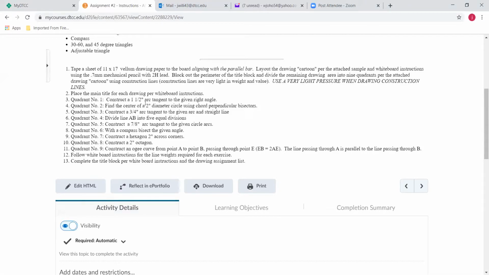So let me adjust my camera real quick. Let's go back to quadrant number 1. Okay, here we are.